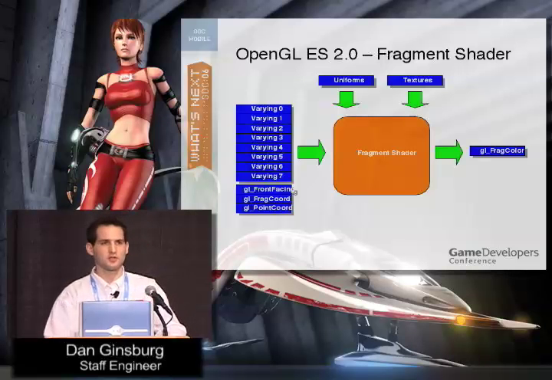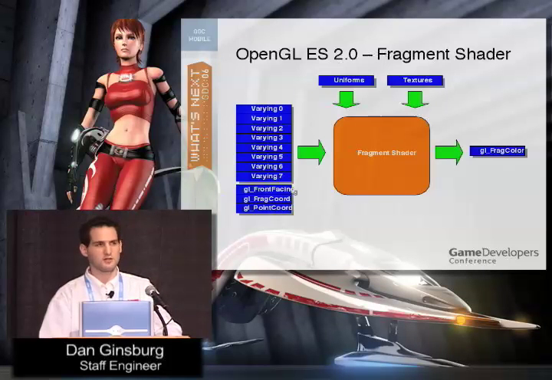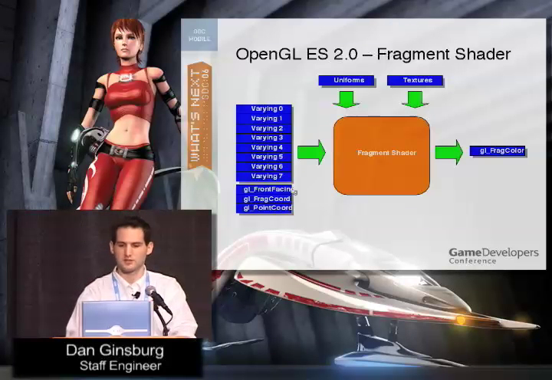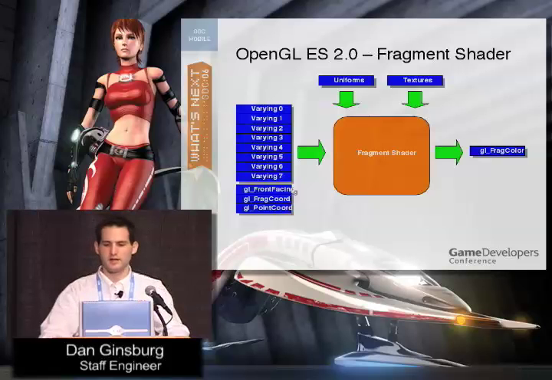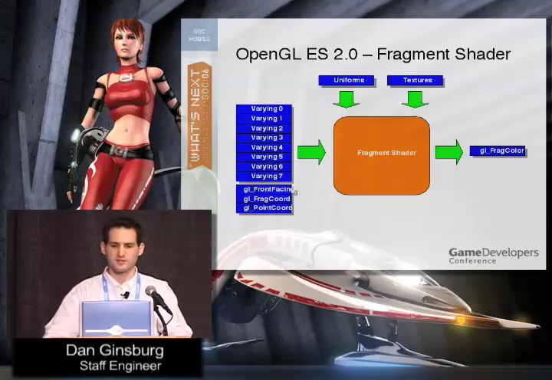In addition, you can also read from uniforms in the Fragment shader just as you can in the Vertex shader. And of course, you need to be able to sample from textures. And from the Fragment shader, we output a final fragment color, which will ultimately be used in the frame buffer step.